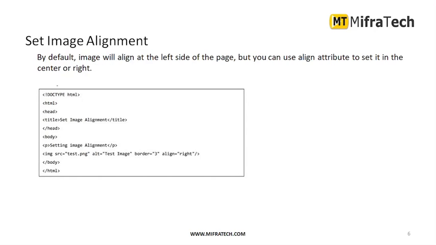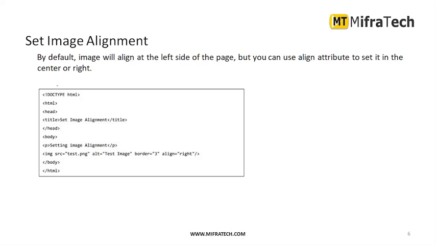Set image alignment. By default, image alignment is the left side of the page, but you can use the align attribute to set it to center, left or right. The default is the left side. In the first session we saw alignment, which works in a horizontal way.